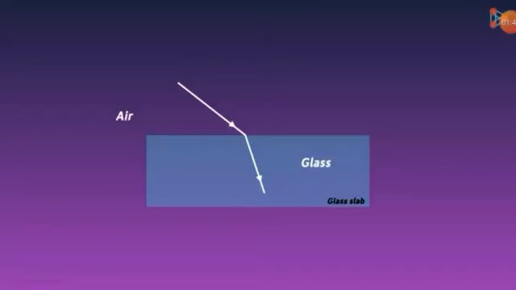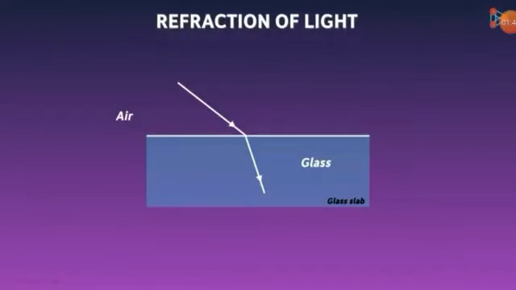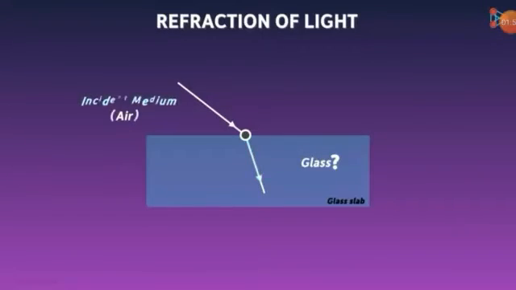One medium is air, and from air it gets refracted into the glass slab, the other medium. So what are these two media known as? Air is known as the incident medium and glass is known as the refractive medium.